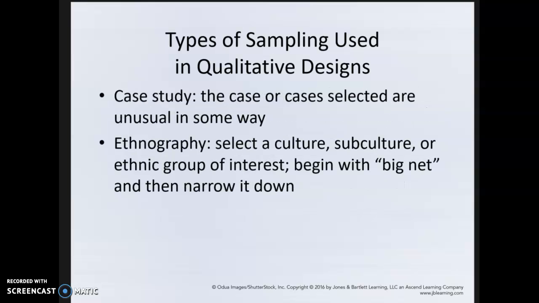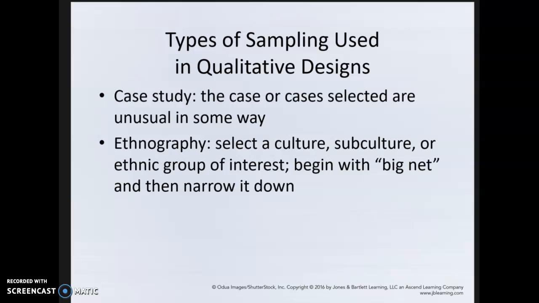When we're looking at sampling for qualitative designs, we're going back to case studies. It may be one or more individuals that are studied. We're also looking at selecting a particular culture or subculture, an ethnic group of interest.